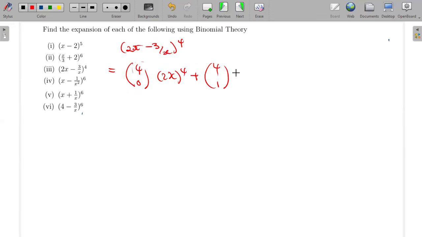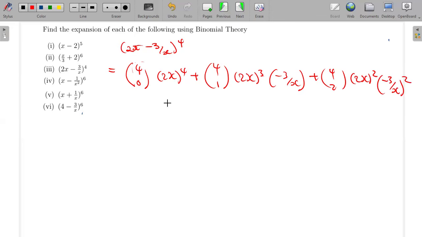And then you evaluate. That's 2x to the power of, that reduces from 4 to 3 now. And then the other one increases to 1, which is negative 3 over x. And then plus you have 4 choose 2. Then there 2x to the power of 2. That increases to 2. That's negative 3 over x to the power of 2. Then plus 4 choose 3.